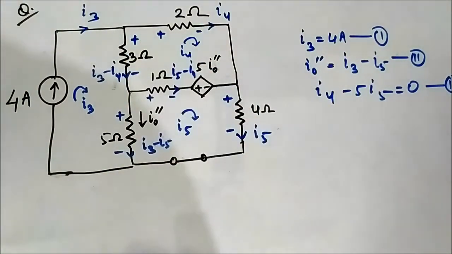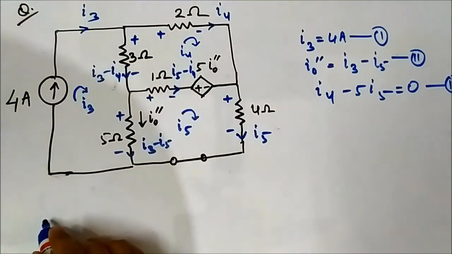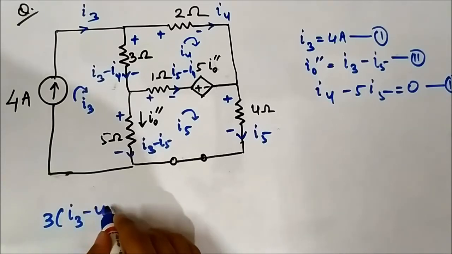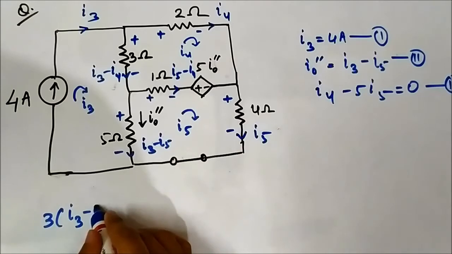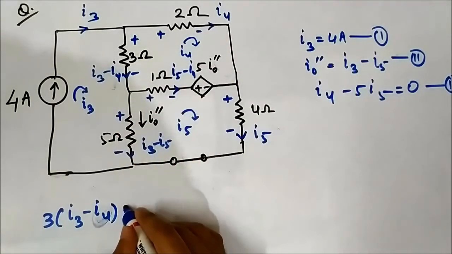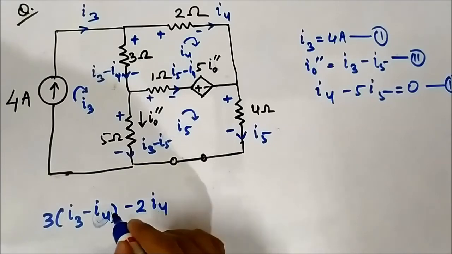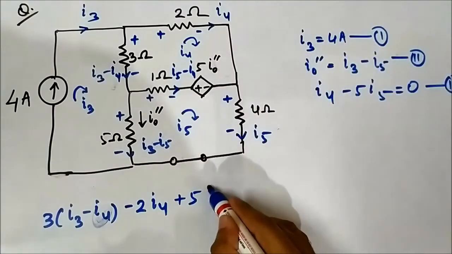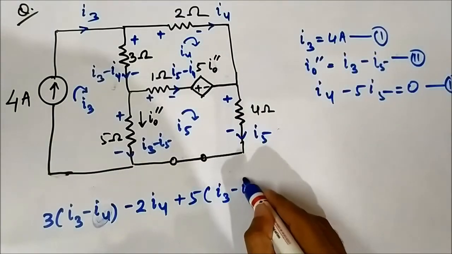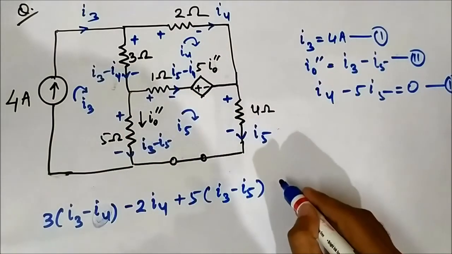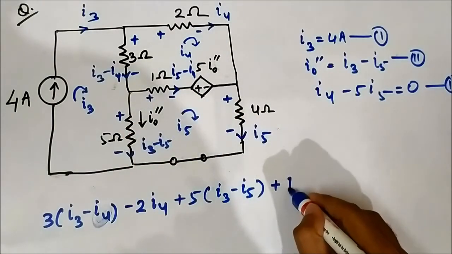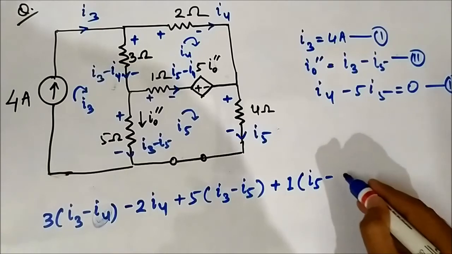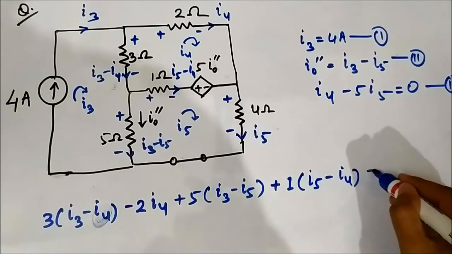Starting from this point, it will be 3 into I3 minus I4, minus 2 I4, plus 5 I0'', which is equal to I3 minus I5, plus 1 into I5 minus I4, is equal to 0.